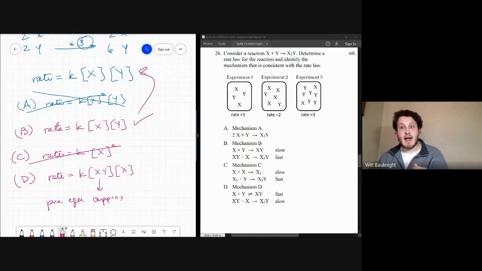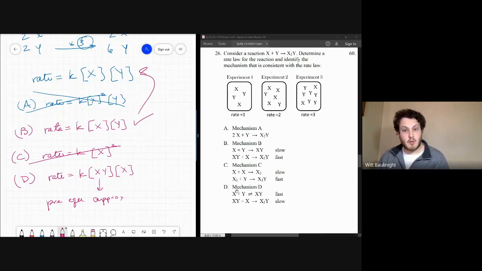There's a flag to let you know that you're probably going to have to do pre-equilibrium approximation. If the first step of a mechanism, or the fast step of a mechanism at equilibrium comes before the rate determining step, that usually means there's an intermediate in the rate determining step.